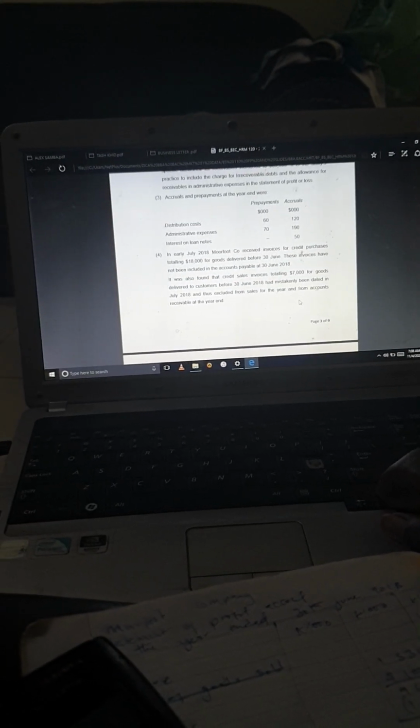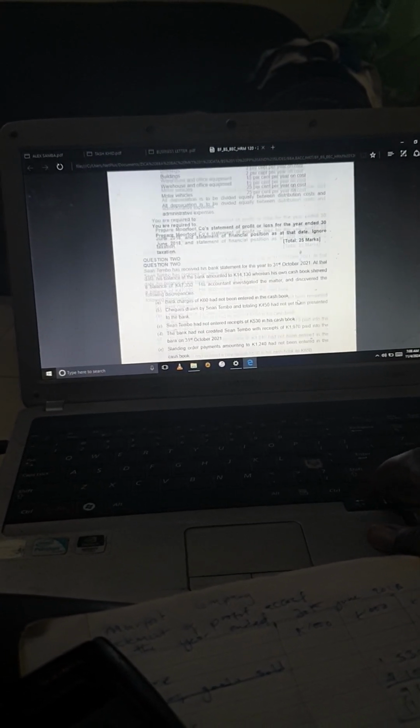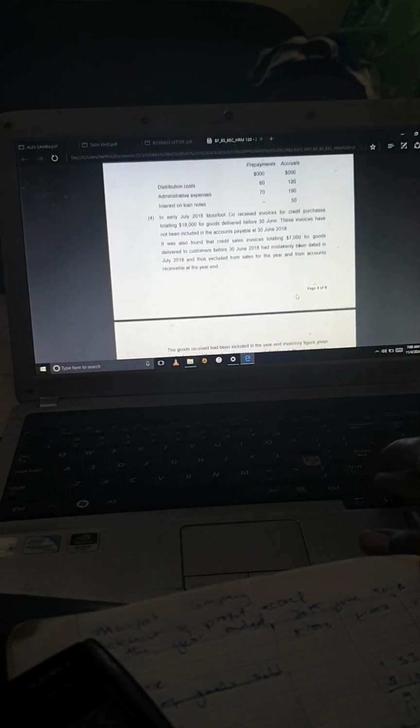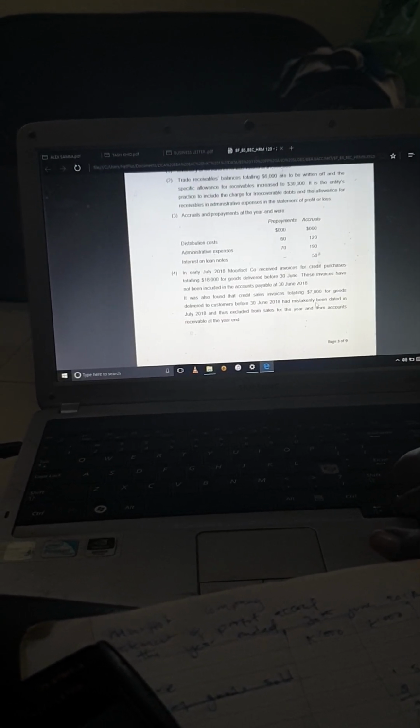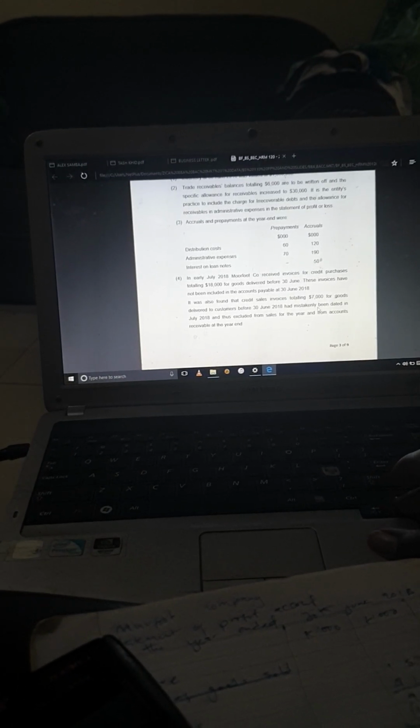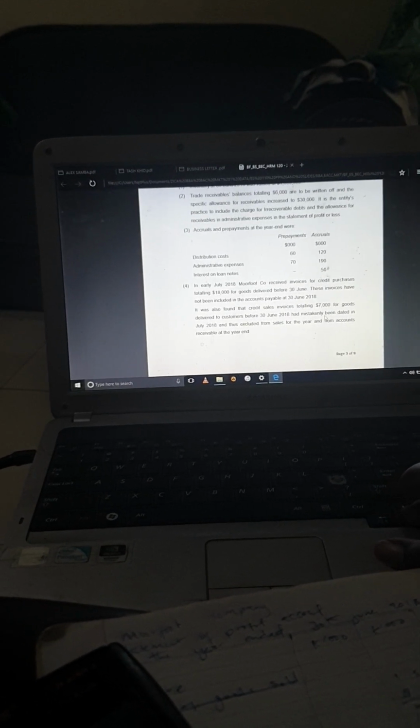Then remember, we are preparing this on 30th June 2018. On the fourth adjustment, in early July 2018, Mufort Co. received invoices for credit purchases for goods delivered before 30 June.